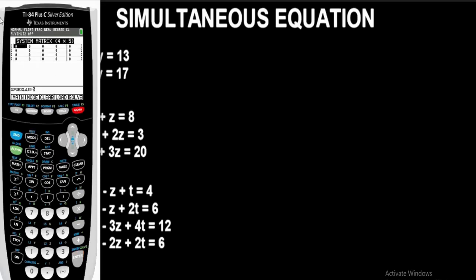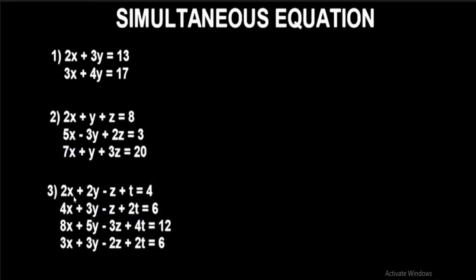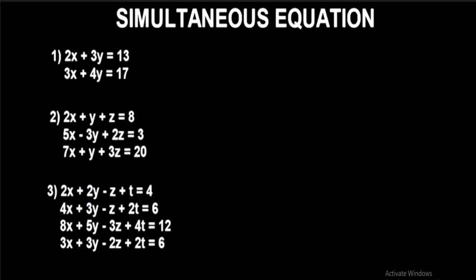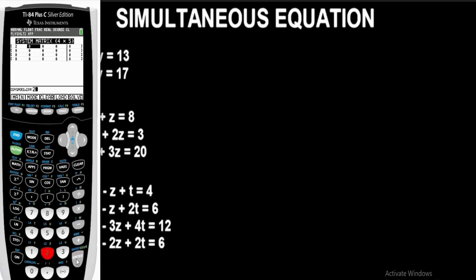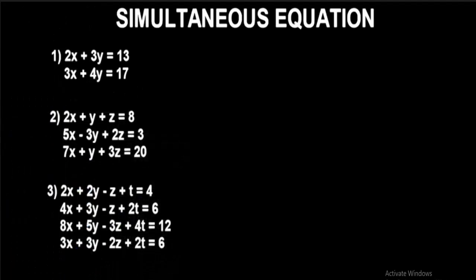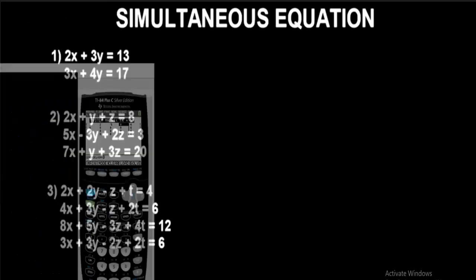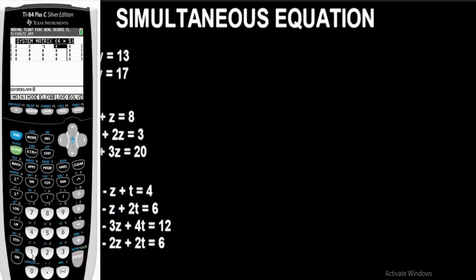Okay, so let's input the values for the coefficients. Right, so we have 2x, coefficient is what, 2. So we press 2. Enter. Alright, so the next one we have 2y, coefficient is what, 2. Enter. Then we have minus z, coefficient is what, -1. Write this negative sign for it. Okay, enter. The next one is t, which is 1.